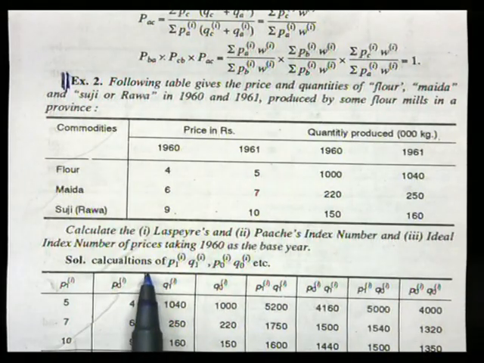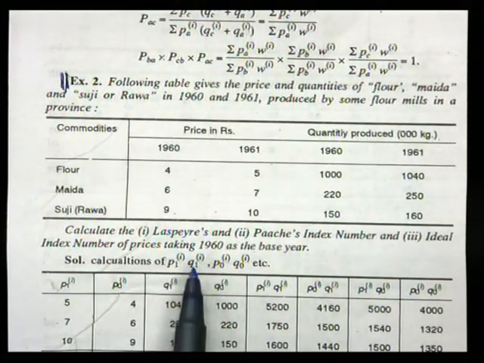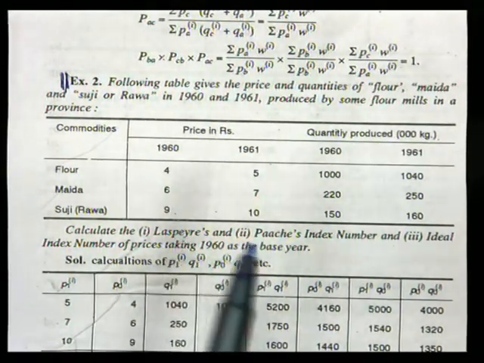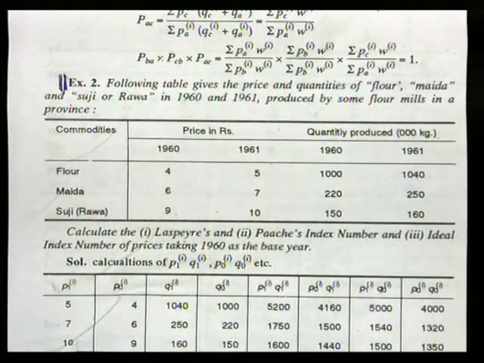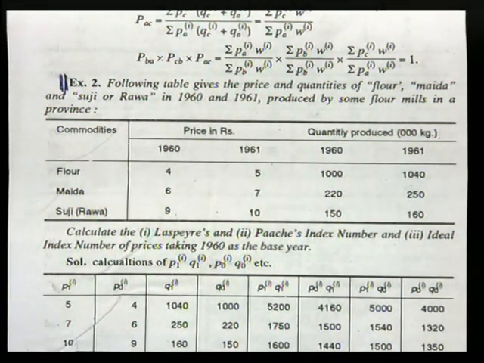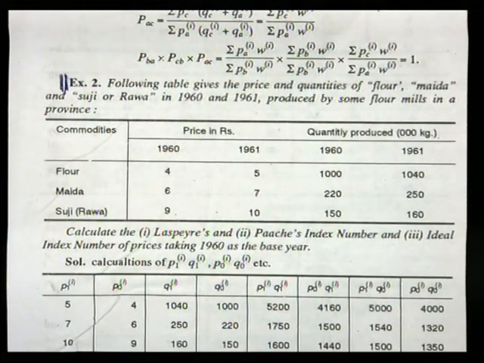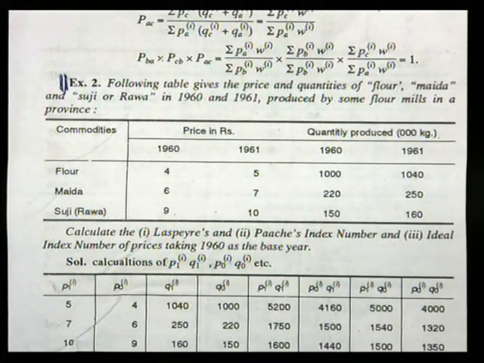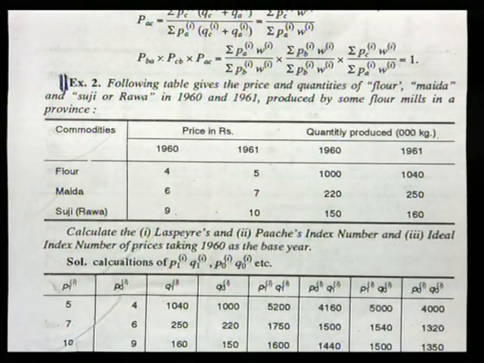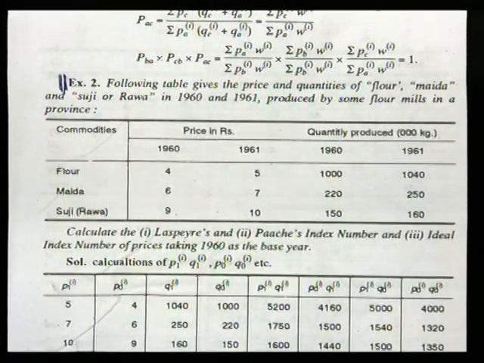Before going to the solution, students, we must decide what is P0 and what is P1. In 1960, the prices given are known as the base year prices.